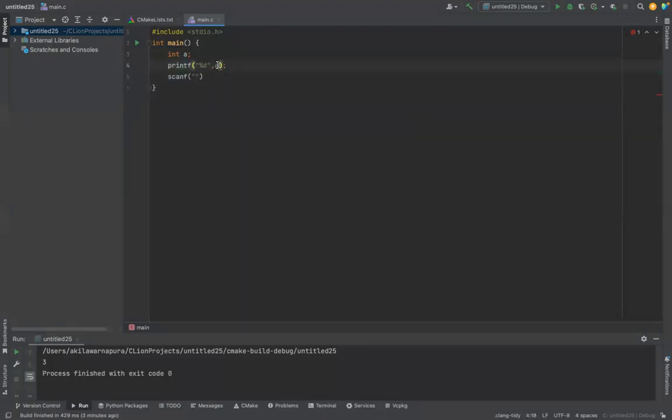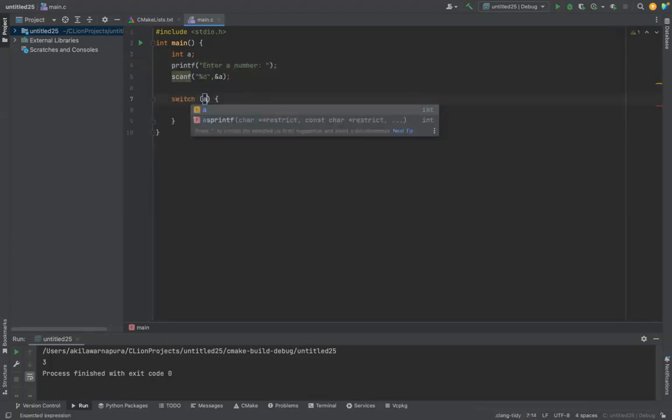Sorry, I made a mistake. In printf, we have to provide "Enter a number". And here we have to use percentage D and A. Then switch the variable name. Variable name is A.